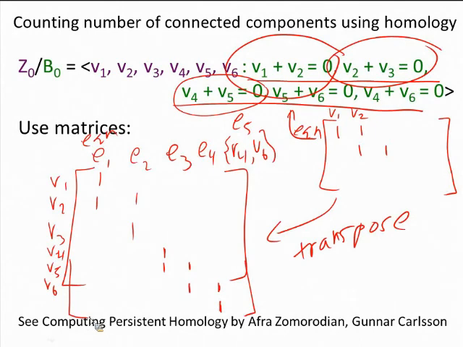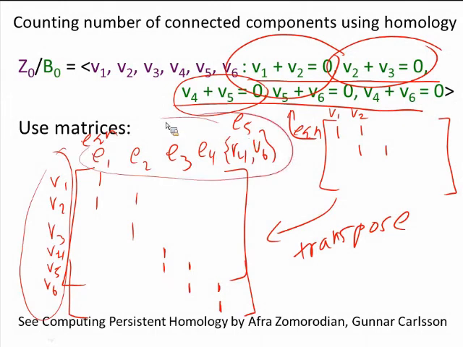And so we can use matrices and do both row and column operations, keeping track of how it affects our basis of our V sub i's as well as our E sub i's. And that's generally how many of the programs actually work.